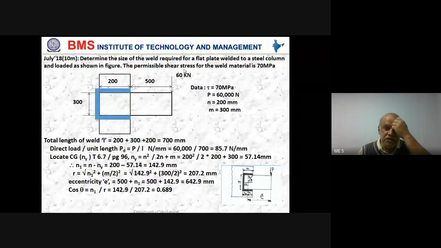The permissible shear stress for the weld material is 70 megapascal. I hope it is visible to you all.